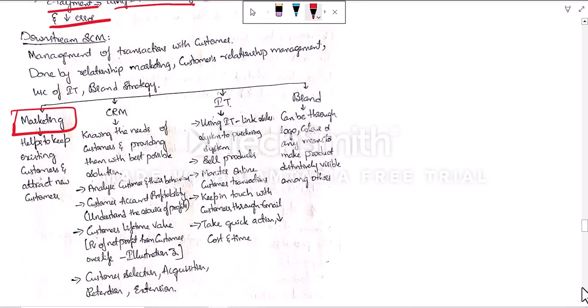How can you keep a relation with existing customers? By regularly sending them emails. See, nowadays no one is asking whether we had lunch or dinner, but Swiggy is asking us every time. In that way, it is in touch with its existing customers.